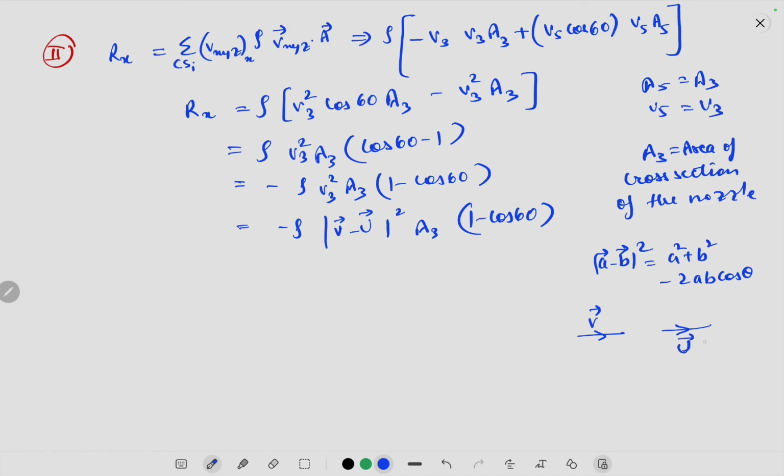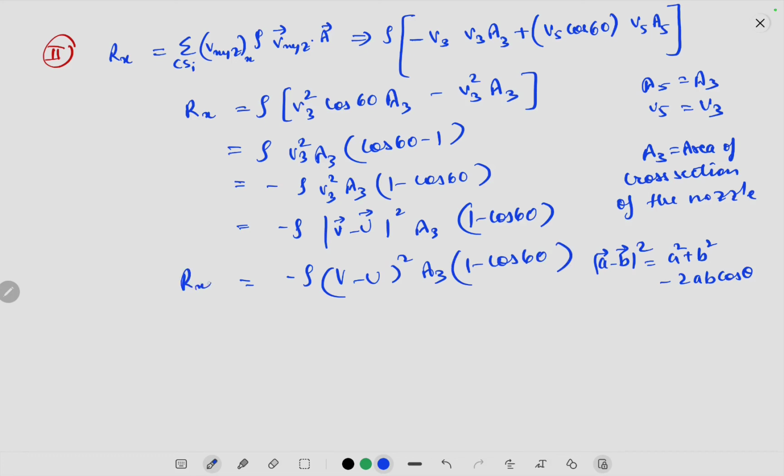So the angle between v and u is 0 degrees. In that case I can just write this as minus rho (v square minus u square minus v square plus u square minus 2vu), and this is nothing but (v minus u) whole square A3 (1 minus cos 60).